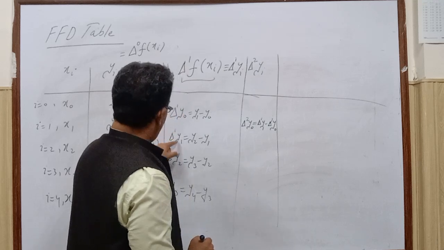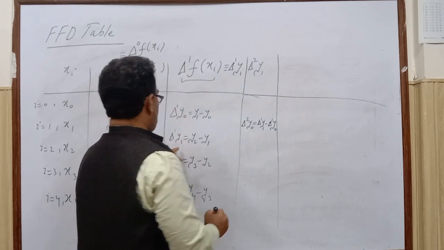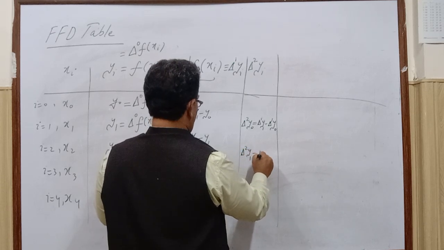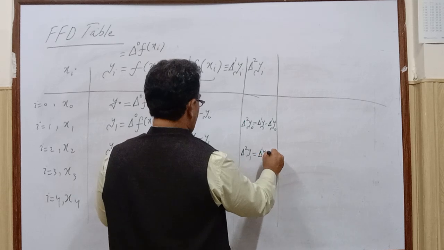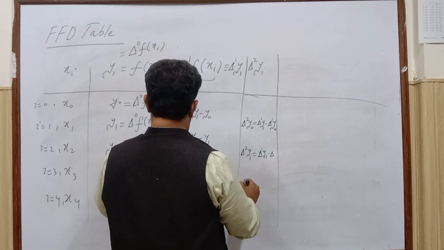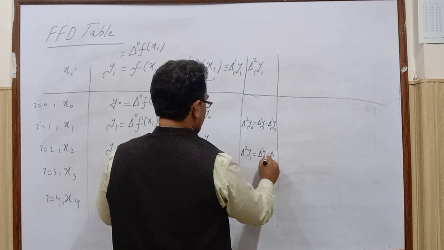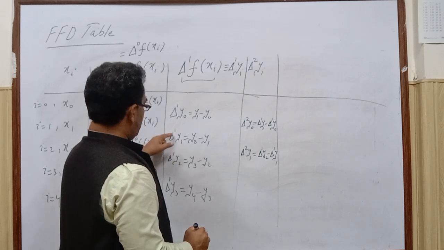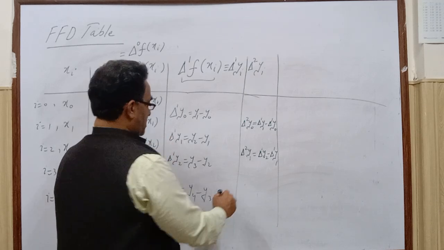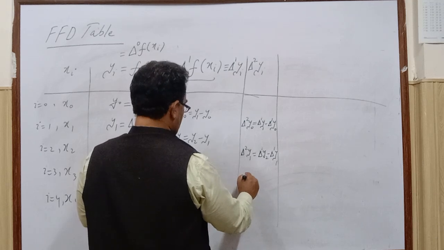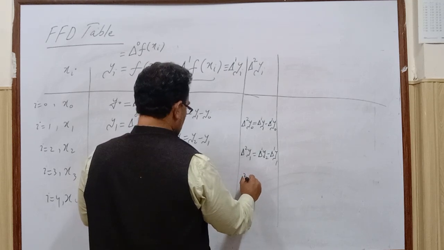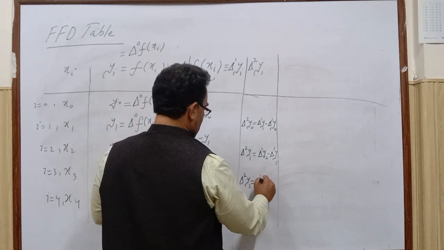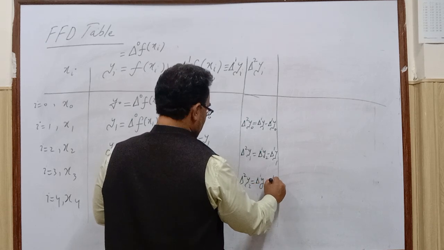Here delta 2 y1 will be written as delta 1 y2 minus delta 1 y1. Over here we can write the third, second FFD, that is delta 2 y2, and that will be delta 1 y3 minus delta 1 y2.